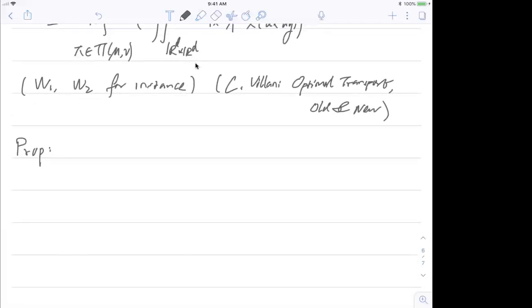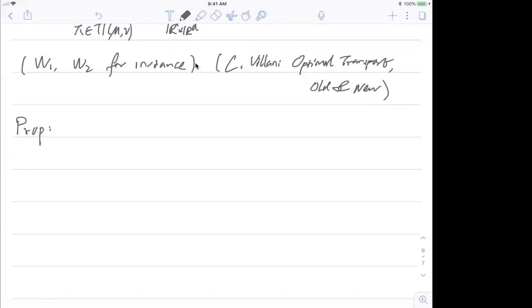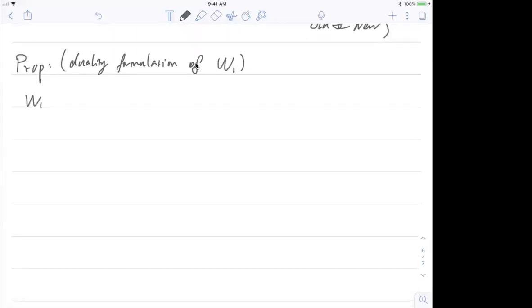You can find this in other literature, in particular in Villani's book. So I will just write the duality formulation of W1. Just write it in a nice, easy way.